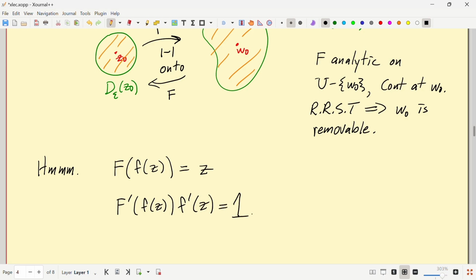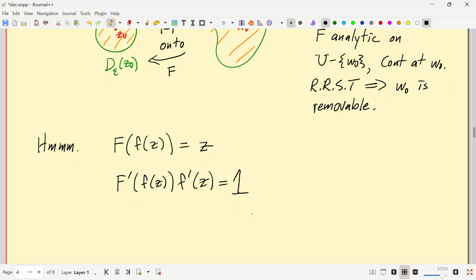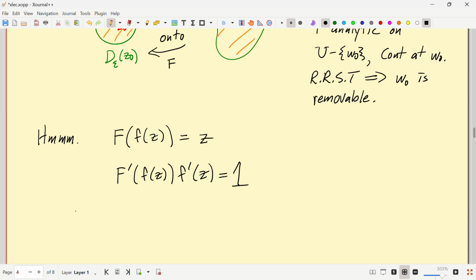And we see that neither one of those things can vanish because they're both analytic. So what we see right here, f prime of z can't vanish.